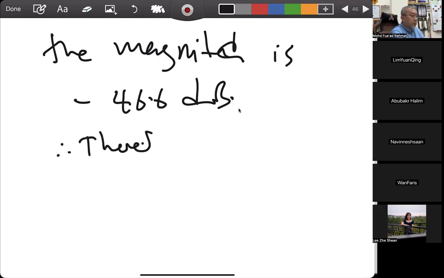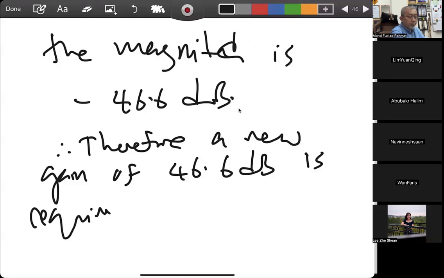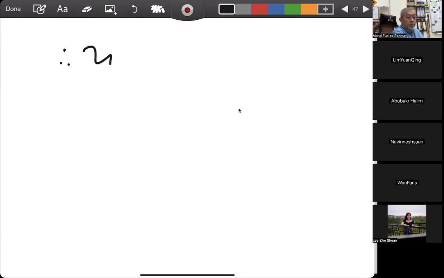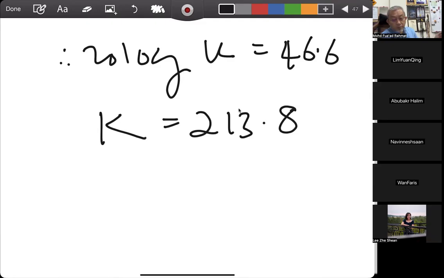Therefore, new gain of 46.6 decibel is required to obtain phase margin 52 degrees. Okay. So therefore, log K is equal to 46.6. K equal to 213.8. Okay.